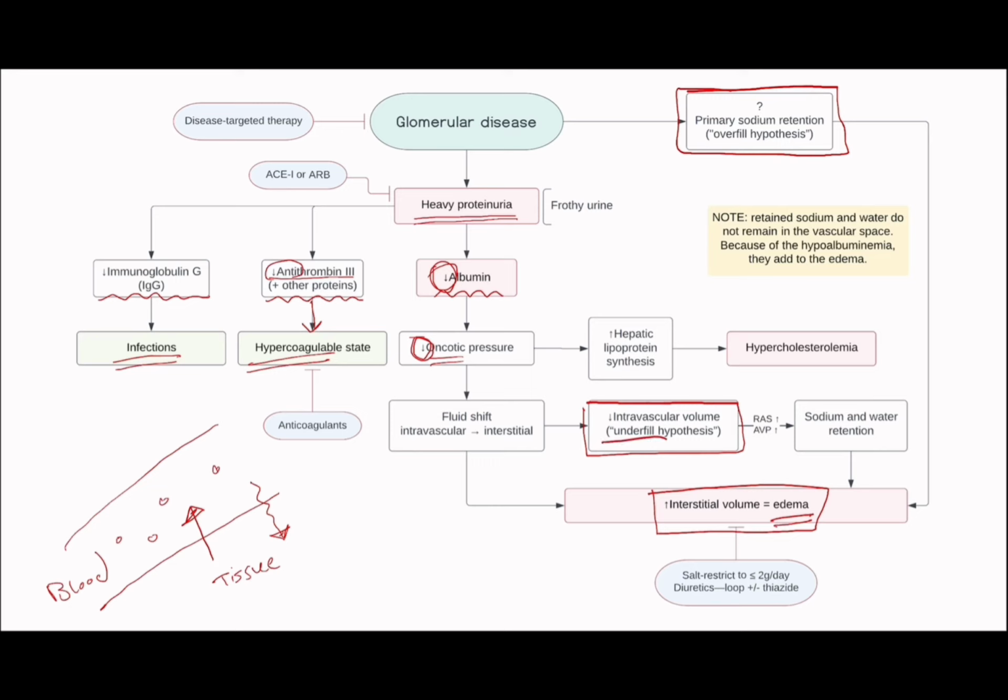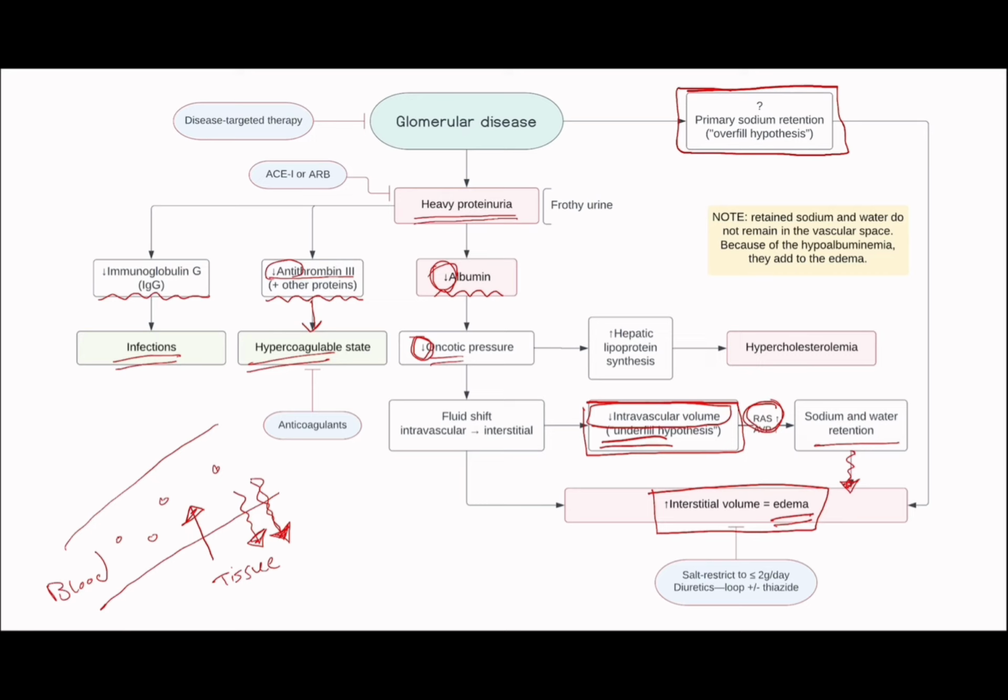In the underfill hypothesis, which is the classical teaching, the hypoalbuminemia and the reduced oncotic pressure result in leakage of fluid from the intravascular to the interstitial compartment. This leakage of fluid results in a decreased intravascular volume, which results in activation of the renin-angiotensin-aldosterone system, resulting in sodium and water retention. And the sodium and water retention exacerbates the edema.